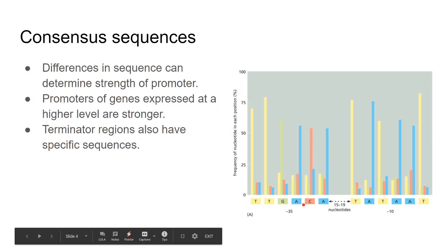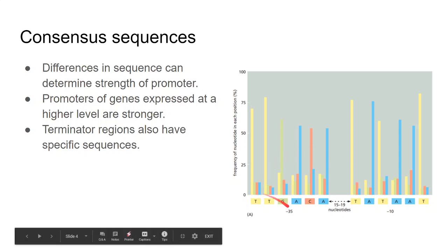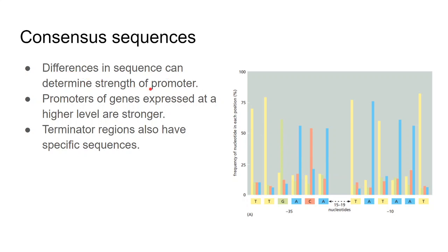These regions are what bind to your sigma factor in prokaryotes. Sigma factor binds in a DNA sequence dependent manner, and as long as you have these sequences, it will bind. And if you have exactly this sequence, it will be a very strong promoter. So the differences in sequence can determine the strength of the promoter.